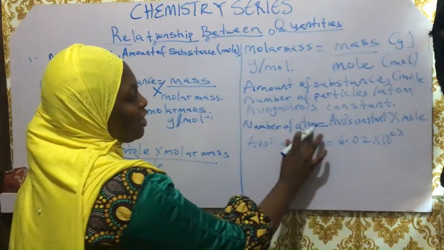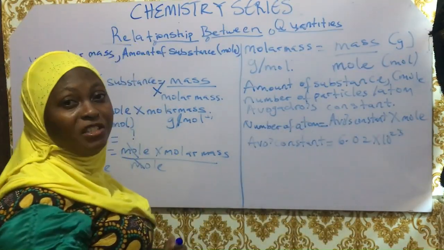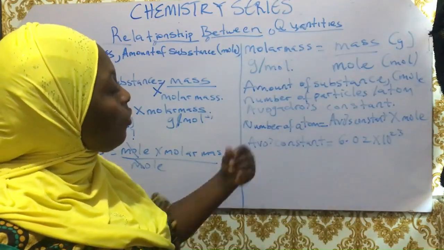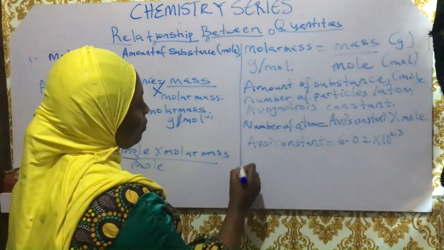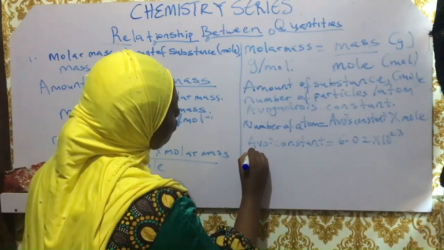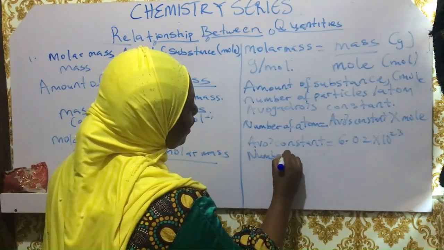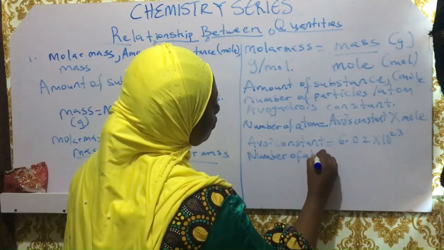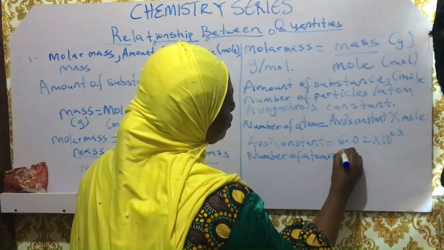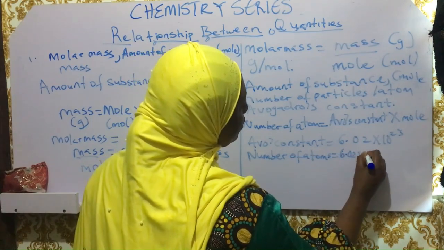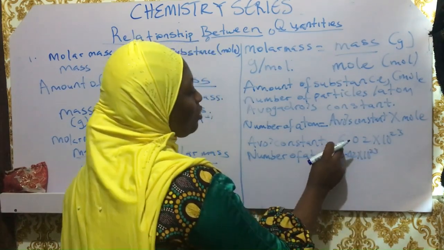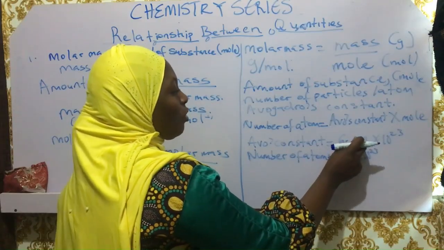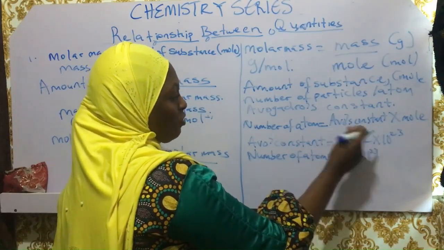So from this equation, we can actually derive the equation for the mole. The number of atoms equals 6.02 times 10 raised to power 23 times mole, where 6.02 times 10 to the power 23 is Avogadro's constant.